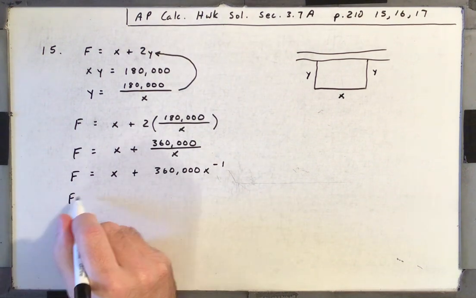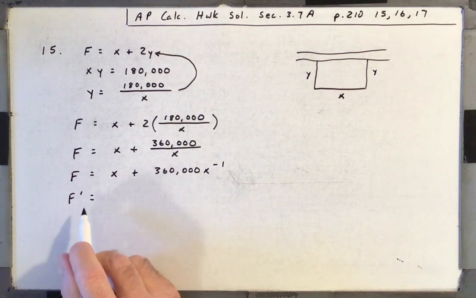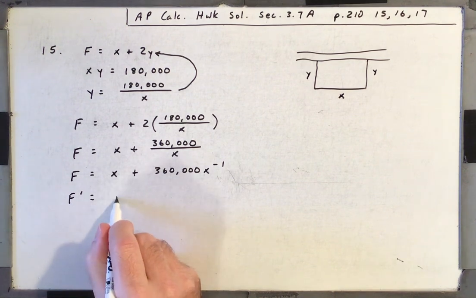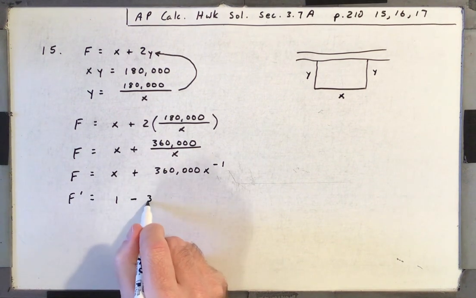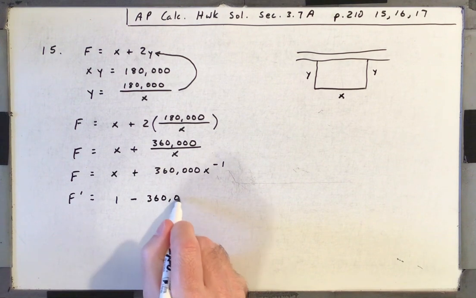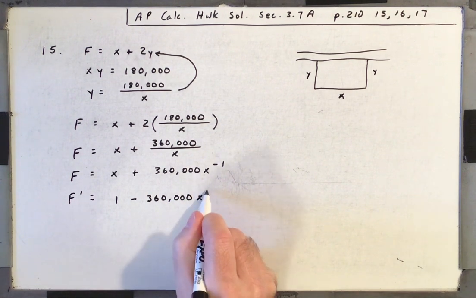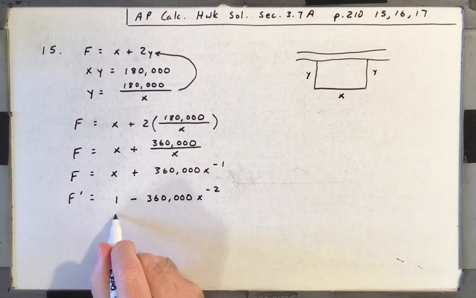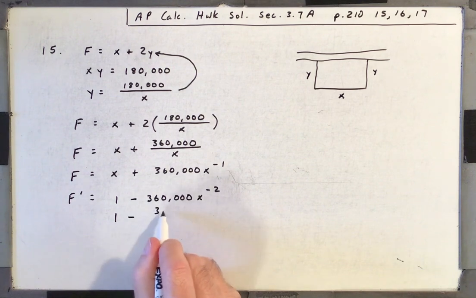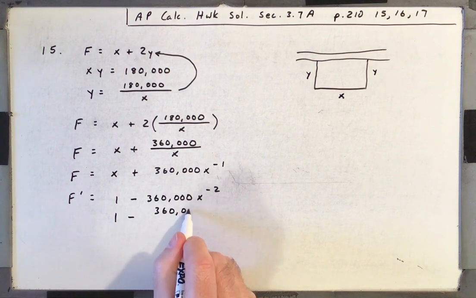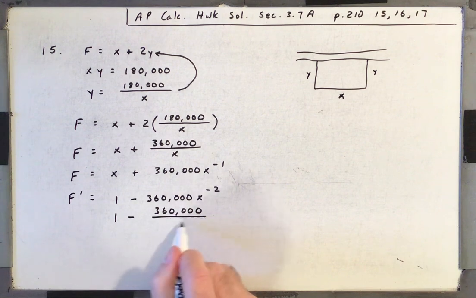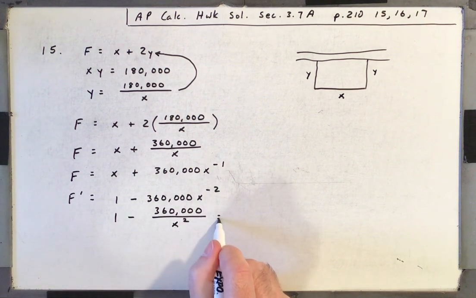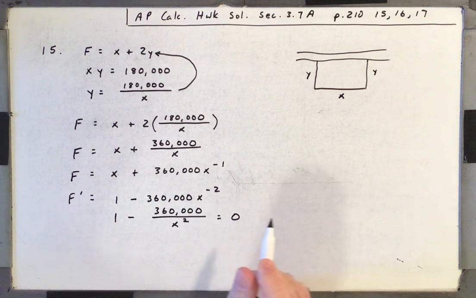So let's take the derivative. First derivative test, F prime would be 1 minus 360,000 x to the minus 2. So that's 1 minus 360,000 over x squared. We're going to set that equal to 0.